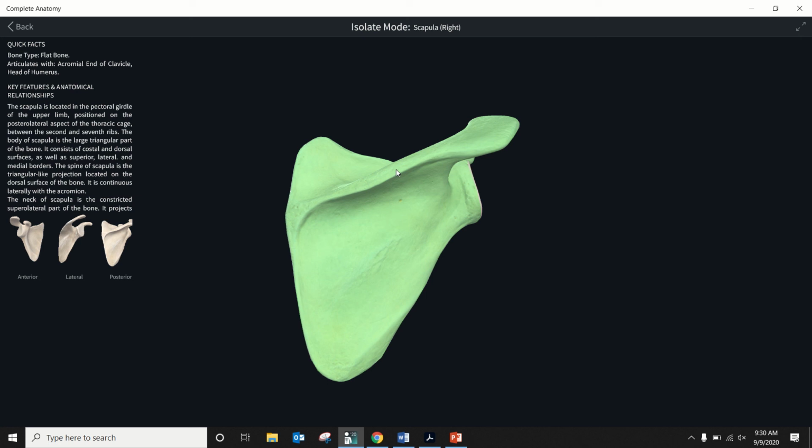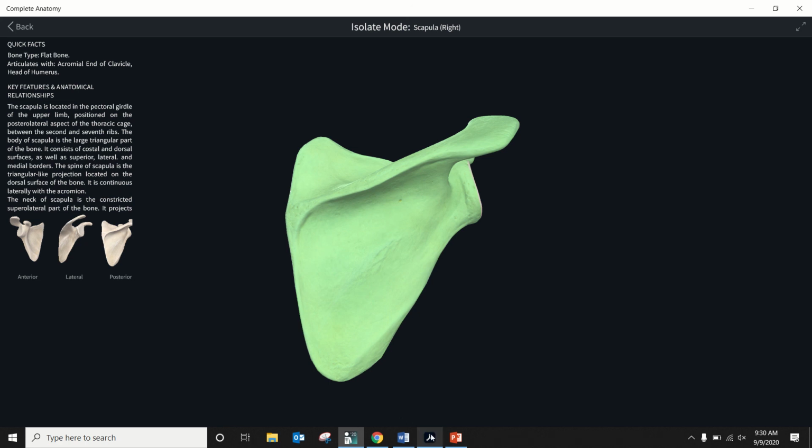The next one is the infraspinous fossa. Infra sounds like inferior, and inferior is below. So for the infraspinous fossa, we're looking for an indentation below the spine of the scapula. Essentially, all of this area below the spine of the scapula is the infraspinous fossa.